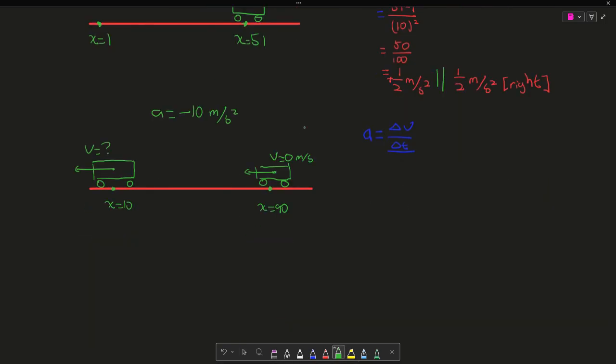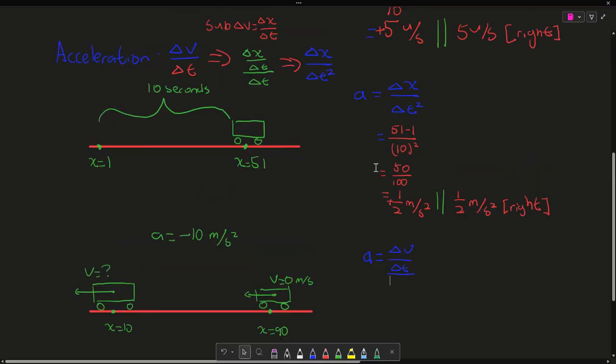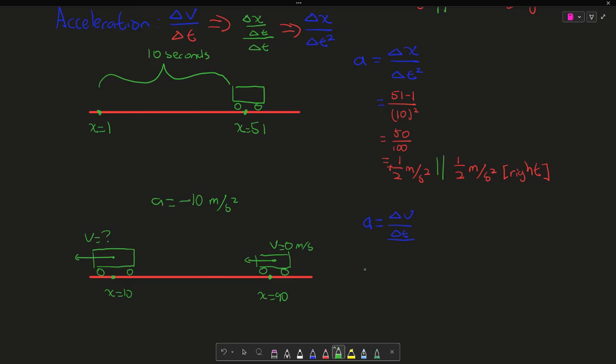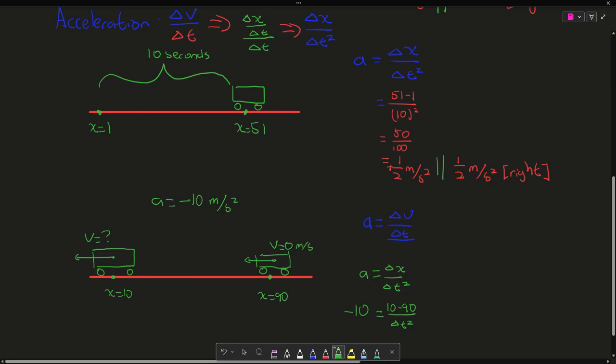So when calculating for delta t, we use that formula again. a equals delta x over delta t squared. We know the acceleration is negative 10 meters per second squared. Delta x is just the final position minus the initial position, which is 10 minus 90 over delta t squared.